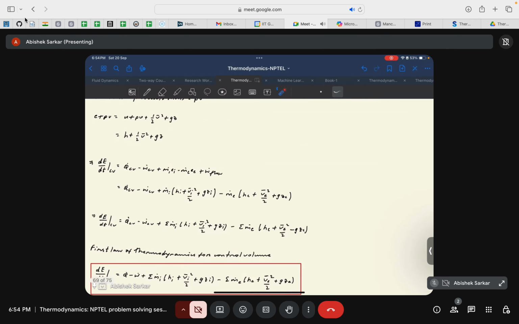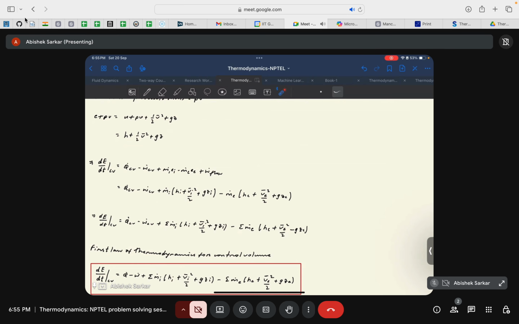So the rate energy equation for a control volume becomes Q dot CV minus W dot CV plus, these are the terms for energy change for a control volume.